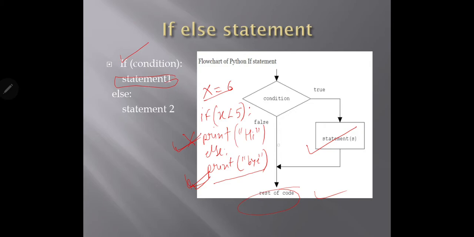If the condition is false, then statement 2 will get executed if we are using else. So here we can see that else is optional. In this diagram we have not mentioned else, so it is showing that the rest of the code will get executed if the condition is false. So we can use else optionally. I hope this else statement is clear to you.